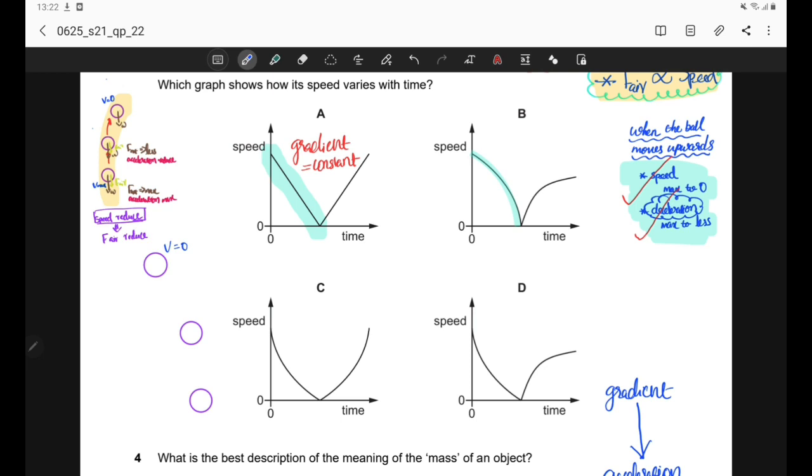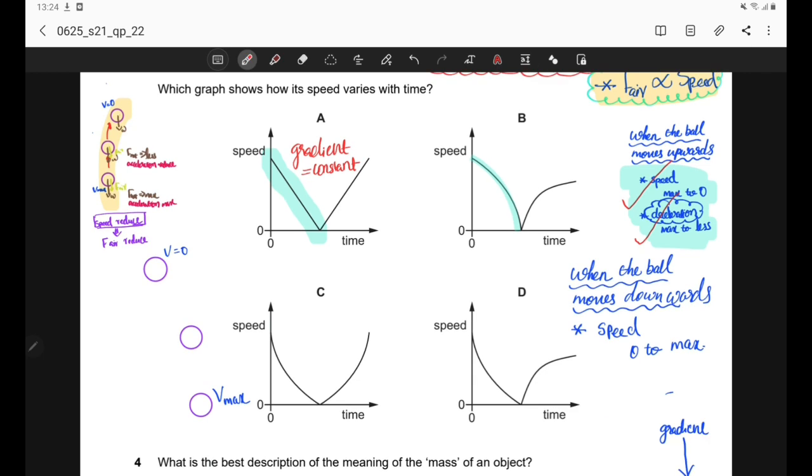So its speed will gradually increase and will be maximum at the end. Now we need to check the acceleration acting on the ball. When the ball moves downwards, the first point we have already seen is its speed. The speed will increase, changing from 0 to a maximum value.